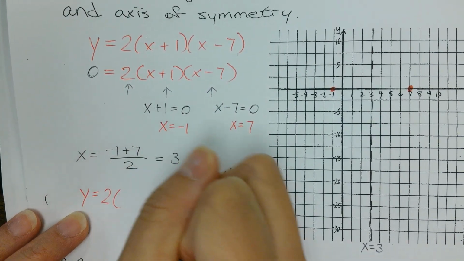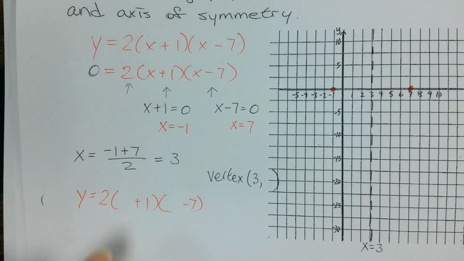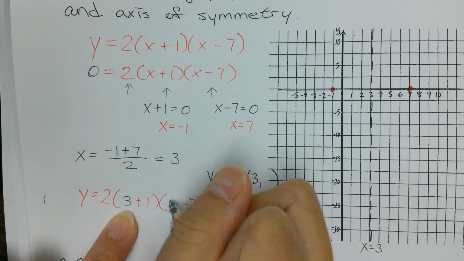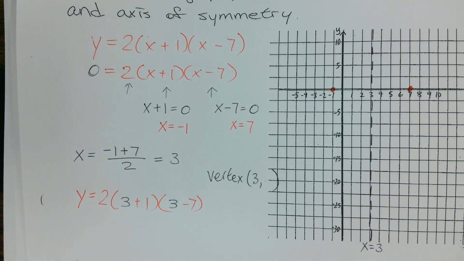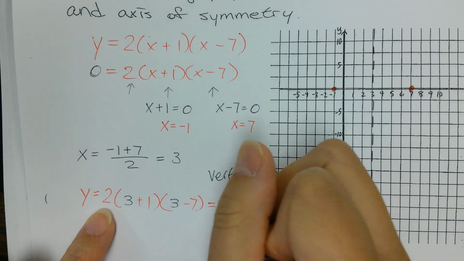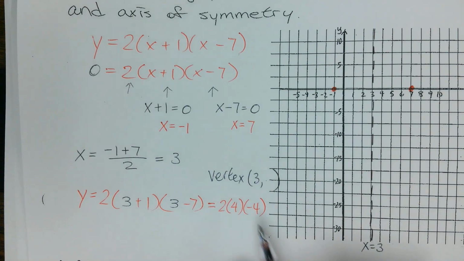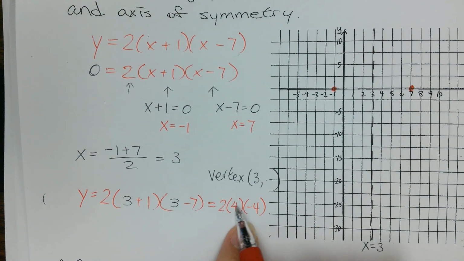So when x is 3, you can figure out what y is. So 2 times 4 times negative 4. If you did your math correctly, these two numbers should match up because it's symmetrical.